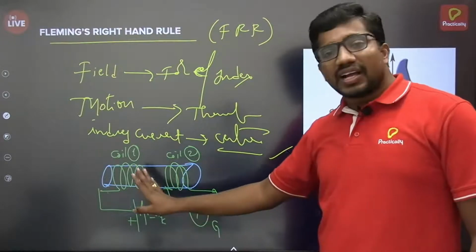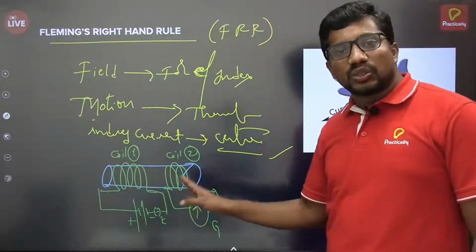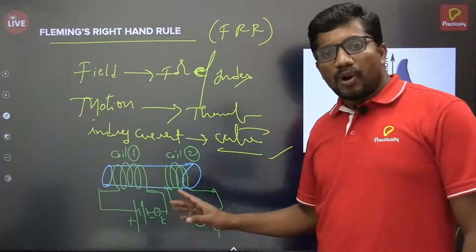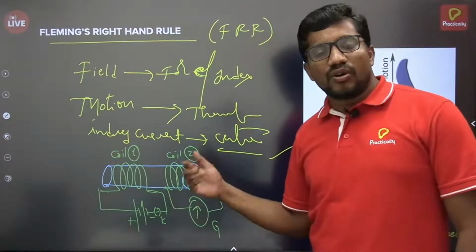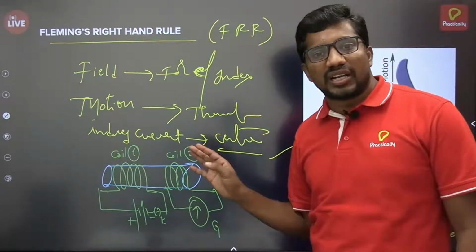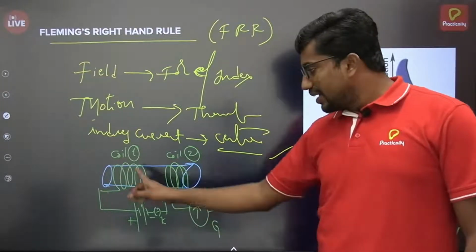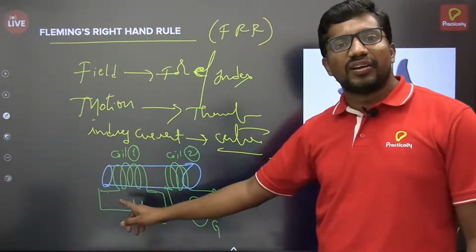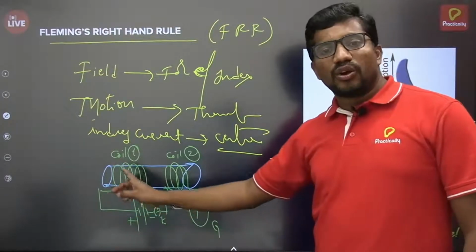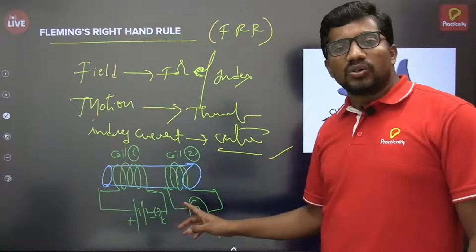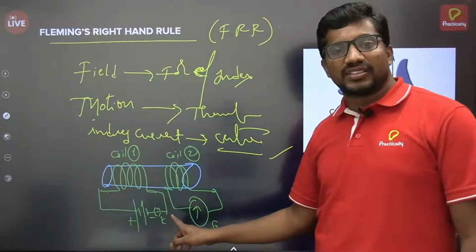Just because of the current flowing in its neighboring coil, the deflection is shown in coil 2. Deflection means current has flowed; when there is no flow of electric current, the galvanometer won't show deflection. Here only coil 1 has the voltage source, none in coil 2, but still the galvanometer connected to coil 2 shows deflection.